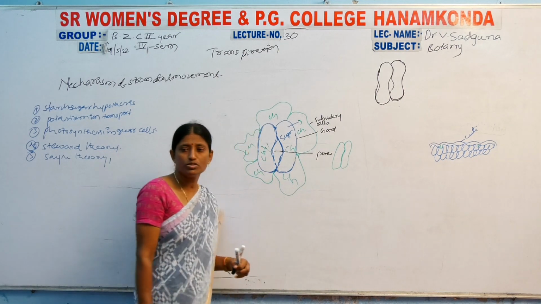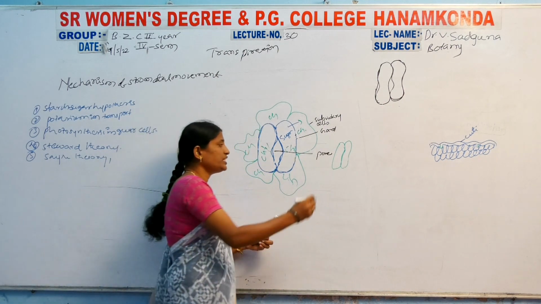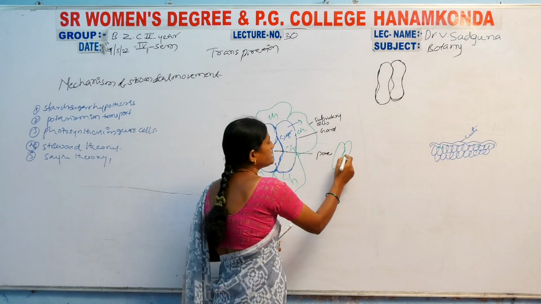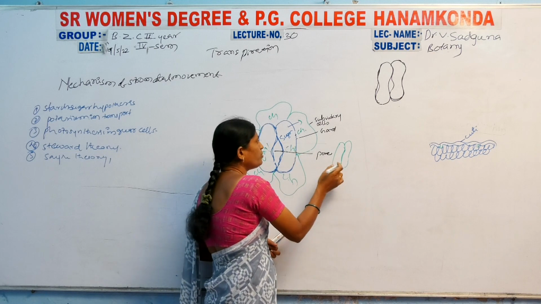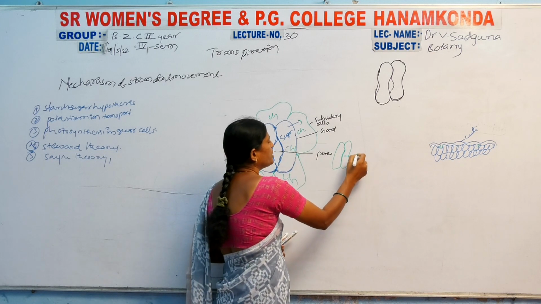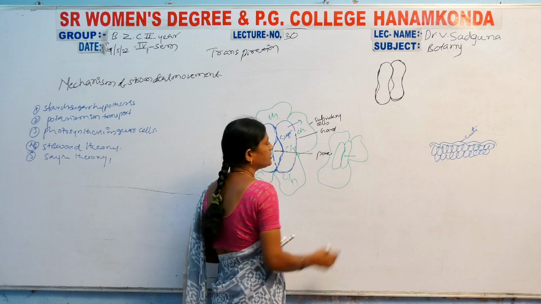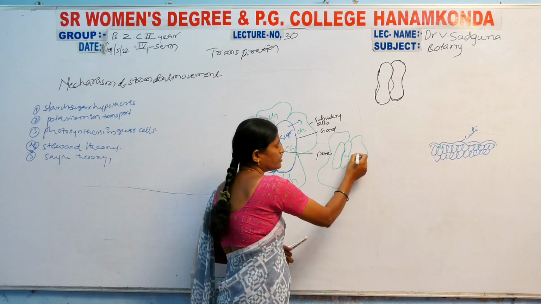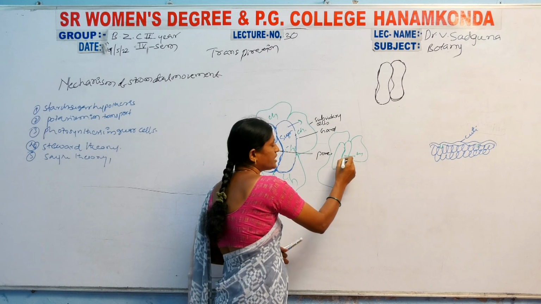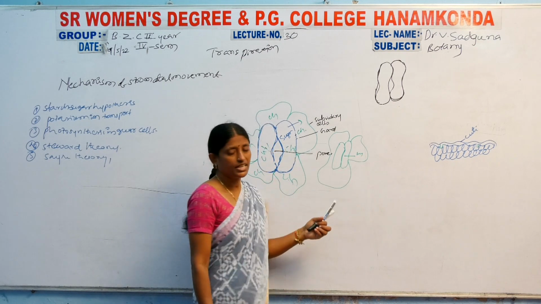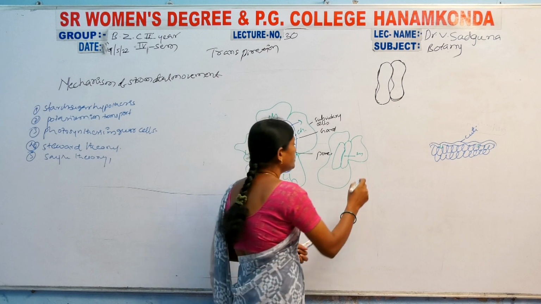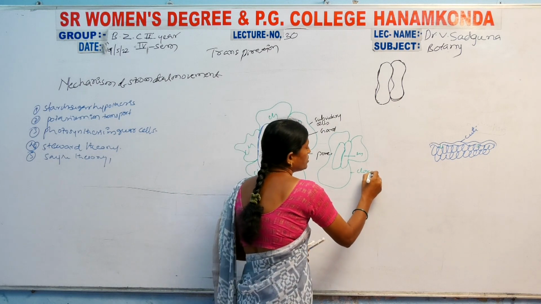So this one is the closed type of cells. So for these closed type of subsidiary cells, the starch automatically moves completely to the guard cells. The starch moves from the guard cells to the subsidiary cells. Then this is the closed.